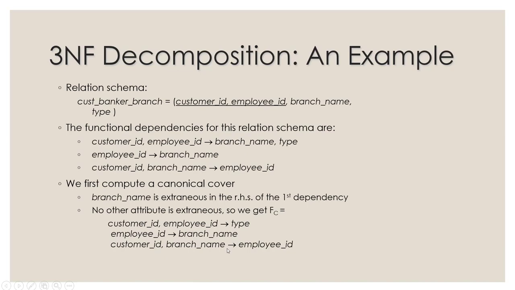Okay, so the next step is that each of these functional dependencies, each attribute from each of these dependencies, becomes a relation. So this is our original relation. The first one's going to be R1. R1 contains customer ID, employee ID, and type. R2 contains employee ID and branch name. And then R3 contains customer ID, branch name, and employee ID.